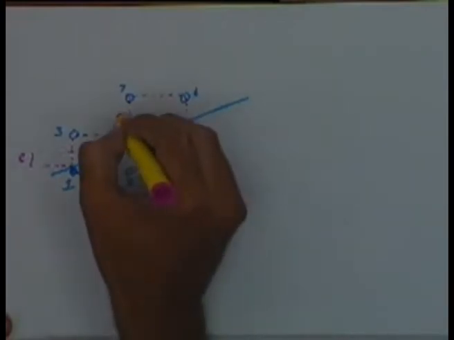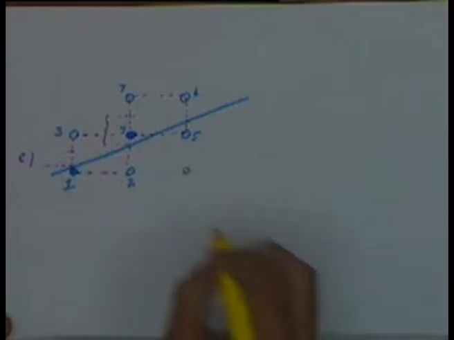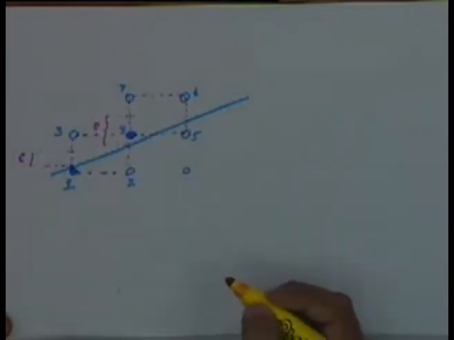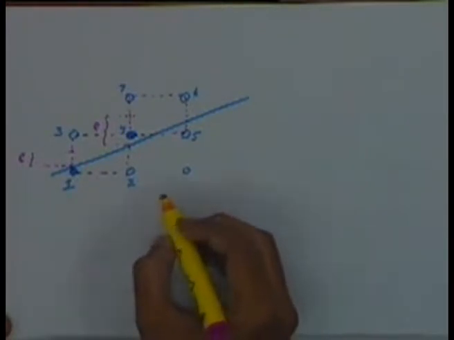At this point, my error term would be this much. And by how much has my error term changed as I have moved one pixel in the x direction?